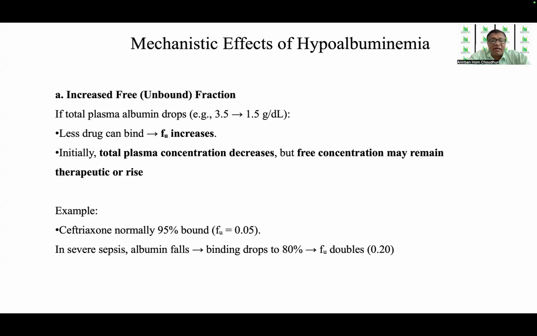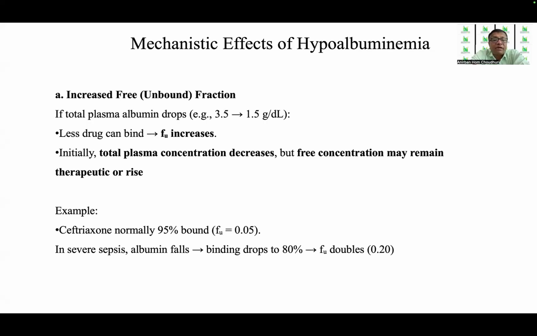So what are the mechanistic effects? Whenever there is an increase in the unbound fraction, if the total albumin drops, for example, from 3.5 grams per deciliter to 1.5 grams per deciliter, less drug can bind. So the free unbound fraction increases.